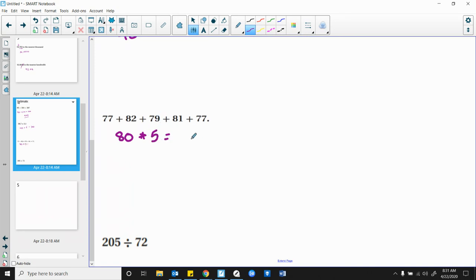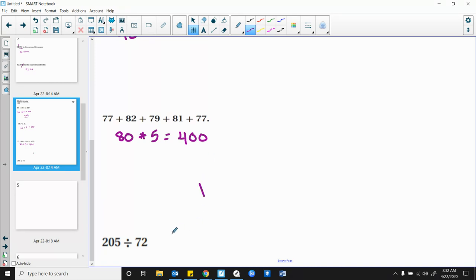We do 8 times 5, we get 40, and then we would get 400 for an answer there. Again, that's just another kind of estimating. When we have numbers that are all really close to 80, we can just make them all 80 times however many numbers there are.